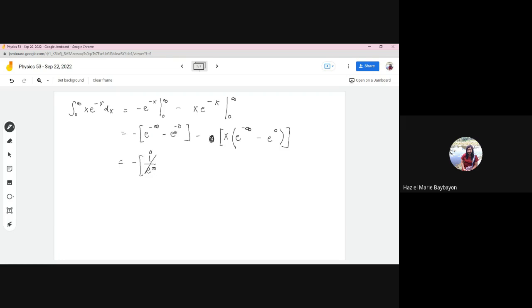How about e to the negative 0 or e to the 0? It's 1. Sakto ba? E to the 0 is 1? Yes, ma'am. Okay, so e to the 0 is 1 minus, kaniki, di ko kabalo ma-evaluate ano din nga part.